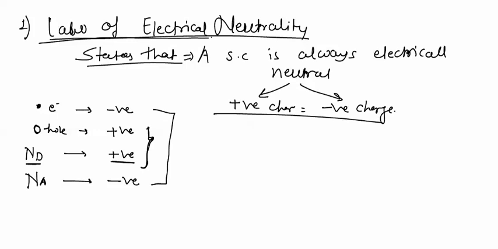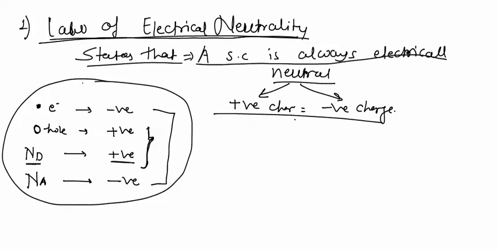So these will be positive charges in the material and these will be negative charges in the material. According to law of electrical neutrality, a semiconductor material is always electrically neutral, meaning total positive charge should be equal to total negative charge. From this we can say that there are four types of charges: total positive charge, Nd plus p, equal to total negative charge, Na plus n.